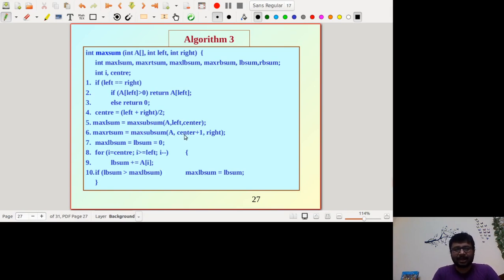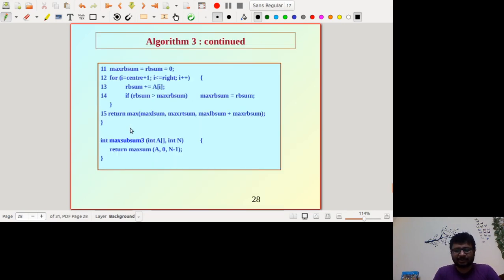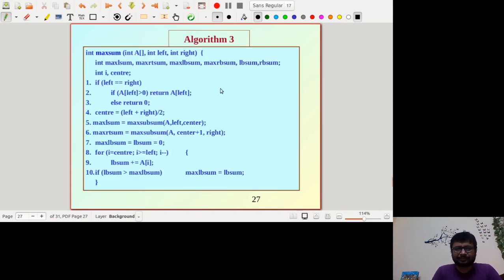You obtain those values. After you obtain the solutions to the subproblems, those are stored in these two variables, the maximum subarray sums, max L sum and max RT sum.